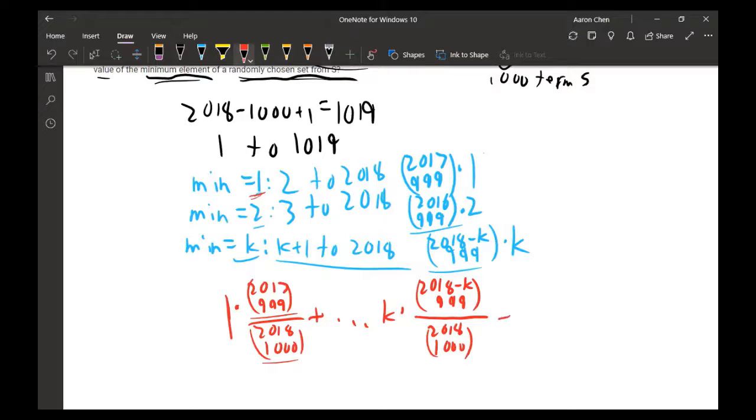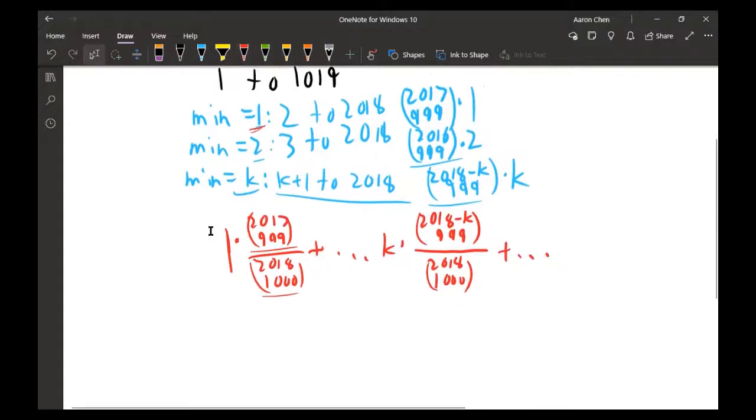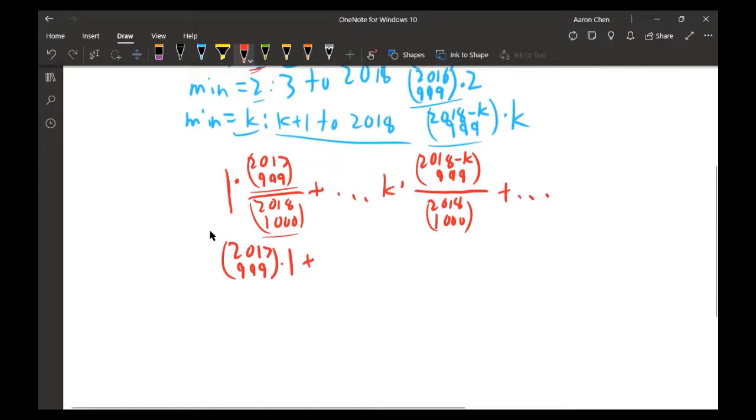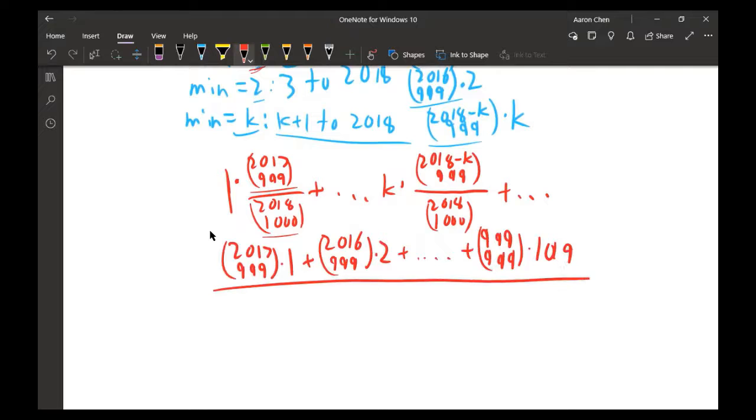And so that just means that the expression we're trying to find is just equal to 2017 choose 999 times 1, plus 2016 choose 999 times 2, plus all the way to 999 choose 999 times 1019, all divided by 2018 choose 1000.